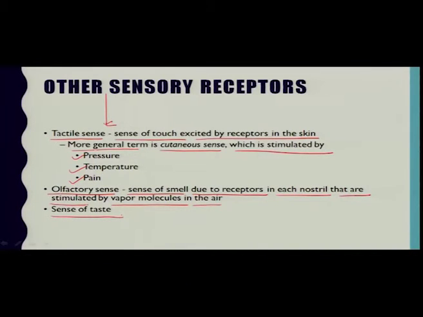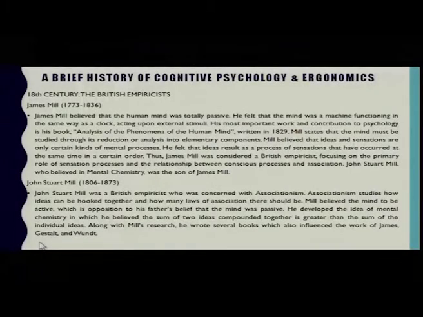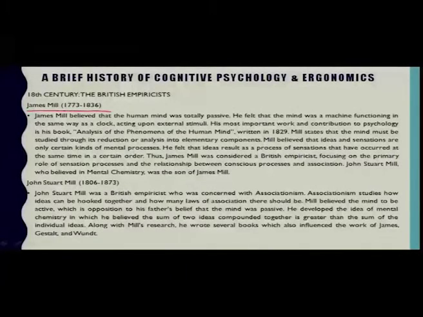So we are at the closure of this lecture, and before that let us have a brief history. I personally believe that we need to remember those who have contributed in any field. Since we are focusing on cognitive ergonomic understanding, cognitive psychology and ergonomics play a very important role.